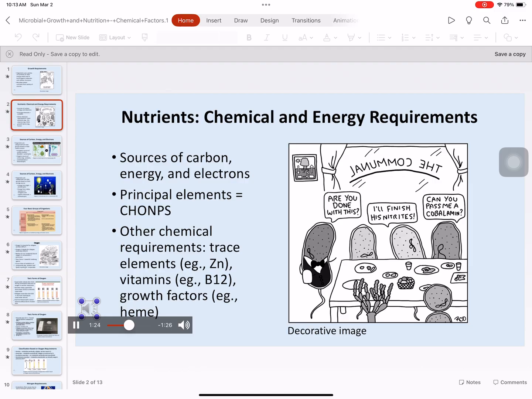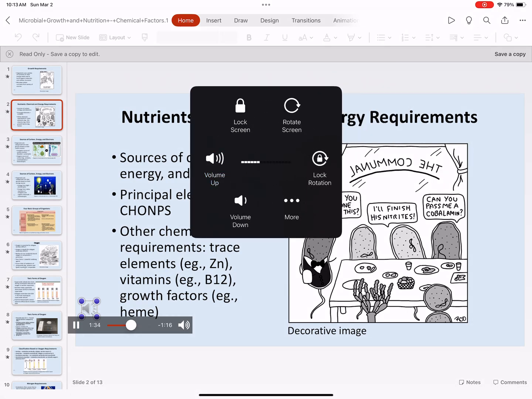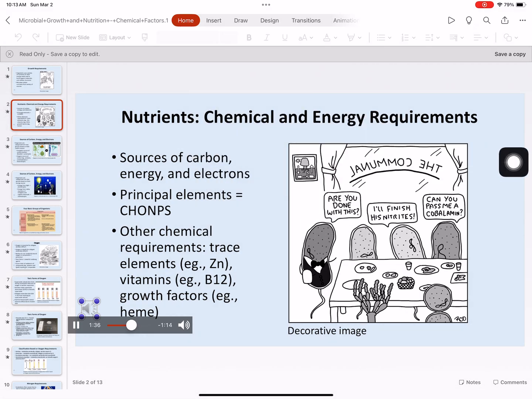For instance, vitamin B12, also known, if you're curious, as cyanocobalamin. Also, microbes, just like we do, require growth factors. Growth factors are going to be molecules, non-vitamin molecules, but molecules that the microbe can't make for itself. Things like heme.